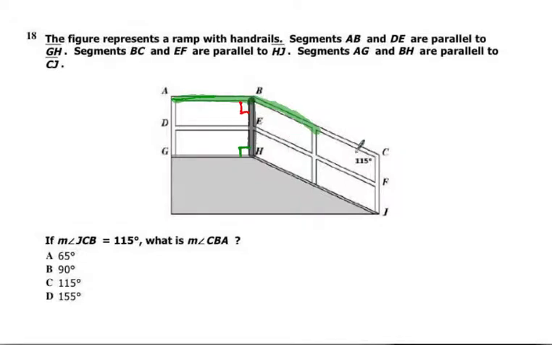All right, if this is 115, these two lines are parallel. And if this is 115, what is this angle right here going to measure? These two angles are what?